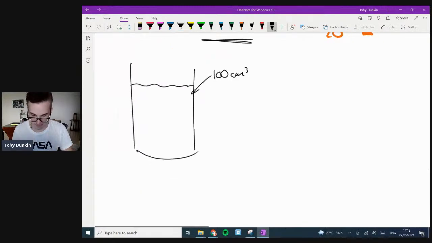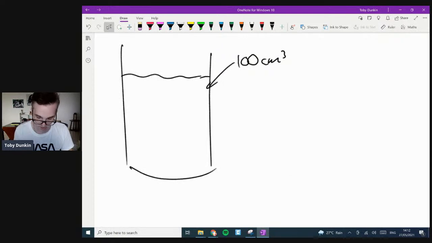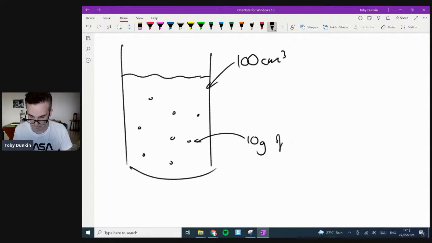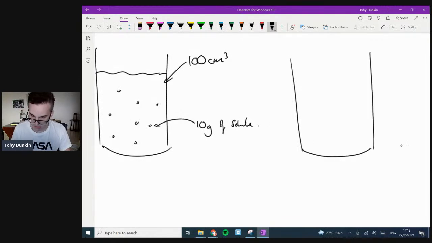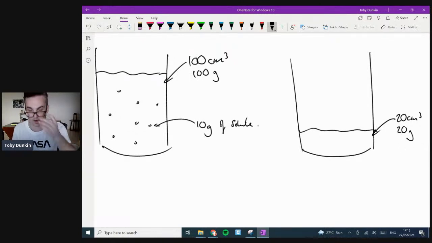Let's say in this 100 centimeters cubed, we were able to dissolve 10 grams of solute, until it reaches saturation. Well, if I had the same beaker and I only put 20 centimeters cubed, or 20 grams of water, it's the same thing, 1 centimeter cubed is equal to 1 gram.